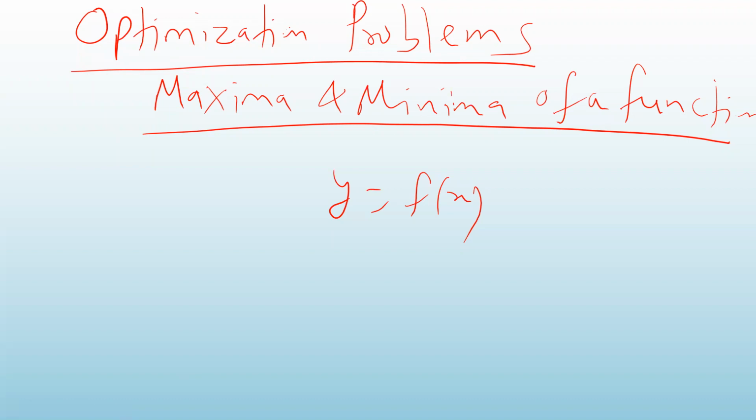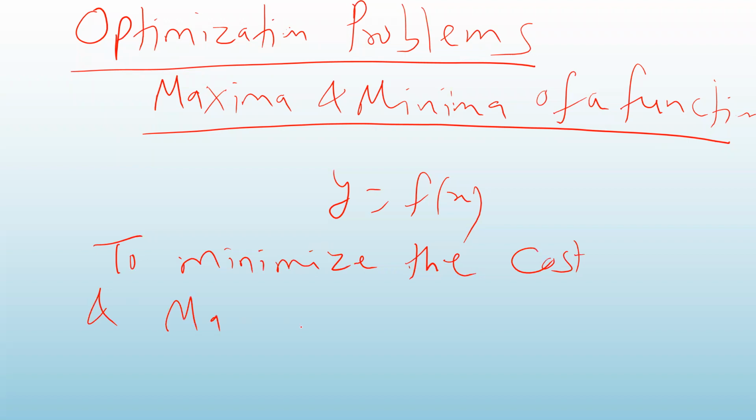So the aim is always to minimize the cost of production, and everybody would like to have maximum profit. So the aim is what? To minimize the cost and maximize the profit. We are talking about the functions in economics and commerce.